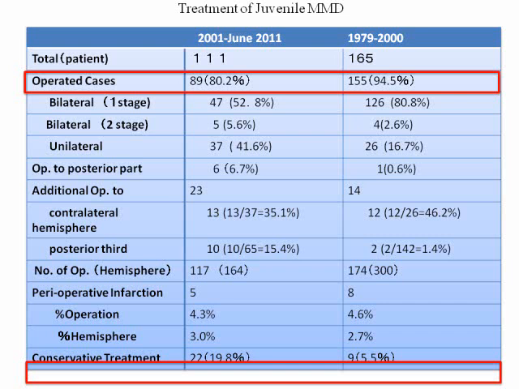So this is the result of treatment. In all years, surgical morbidity, perioperative infection, was as low as 4%, and no surgical mortality was recorded in all years. The change of the trend is that in recent 10 years, the number of persons who were conservatively followed up increased.